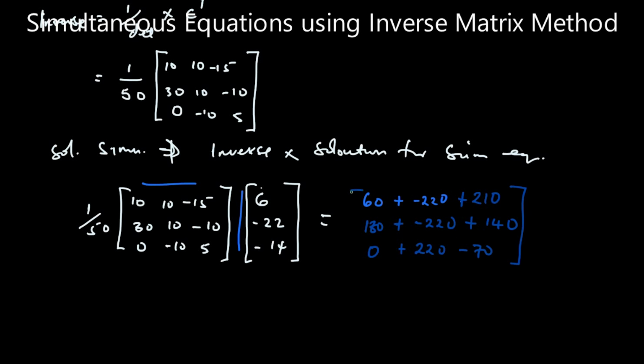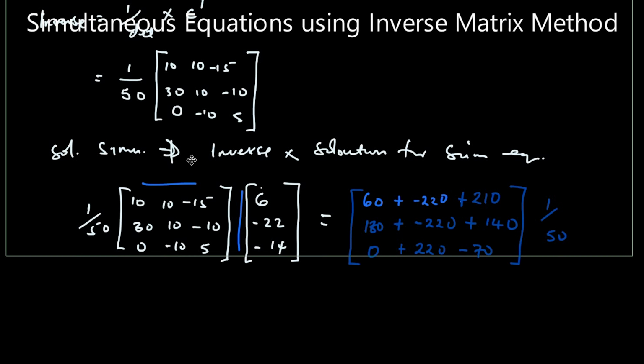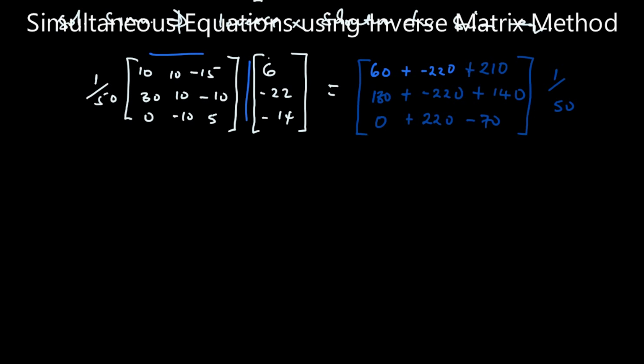All this we need to multiply by 1 all over 50, so that when we solve this further, 60 minus 220 plus 210 will give us 50. 180 plus minus 220 plus 140 will give us 100.